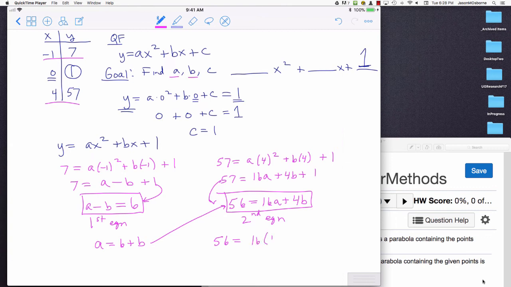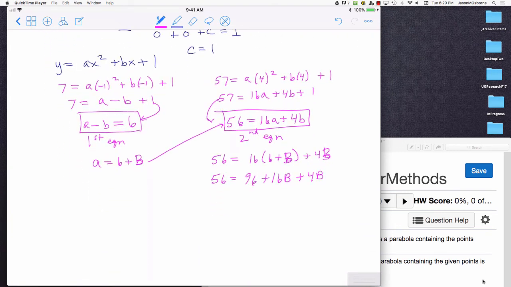If a is 6 plus b, okay, these are 6's and that's a b. Maybe I should do a capital B here just so we don't get all the 6's confused. Okay, 56 is equal to 16 times 6. Let's bring out our calculator to check out what that is. 16 times 6 is 96 plus 16b plus 4b.